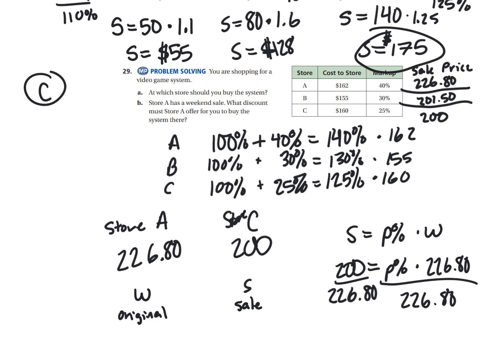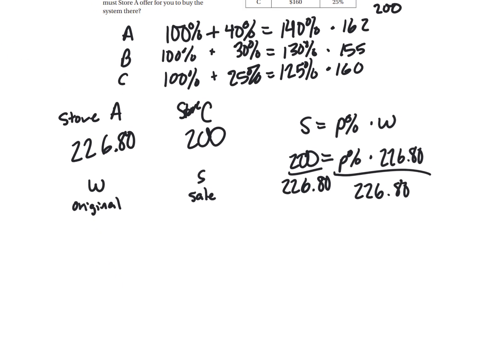And this is what we get. We get 200 divided by 226.8. And for my percentage, after multiplying by 100, I get 88.18%. That's where I'm going to round it.